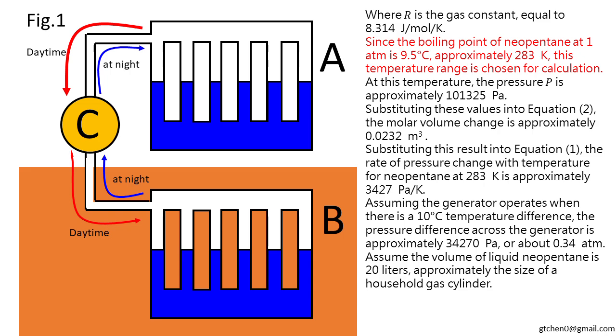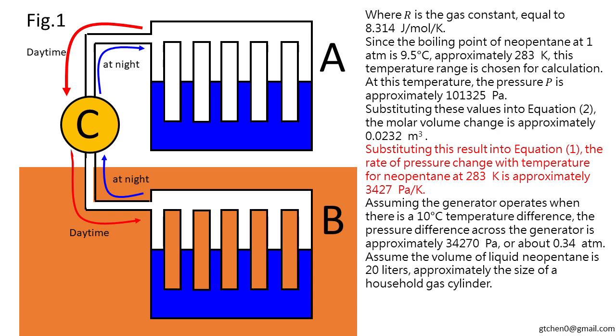Since the boiling point of neopentane at 1 atmosphere is 9.5 degrees Celsius, approximately 283 Kelvin, this temperature range is chosen for calculation. At this temperature, the pressure P is approximately 101325 pascals. Substituting these values into equation 2, the molar volume change is approximately 0.0232 cubic meters.